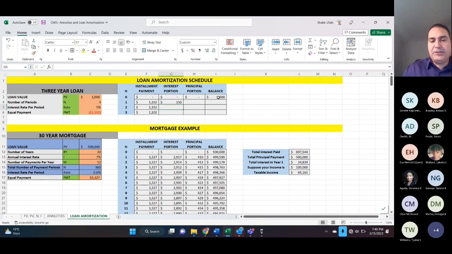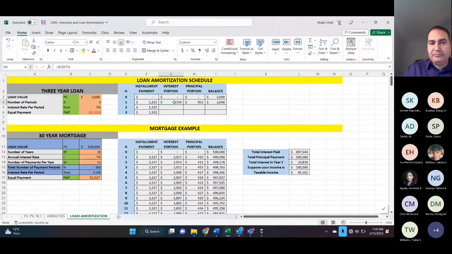Okay. So that means the interest amount is 150. The remaining would be the principal. So the total payment minus the interest goes towards the principal payment. My new balance would be equal to the old balance minus whatever I paid towards the principal. So that comes out like that.